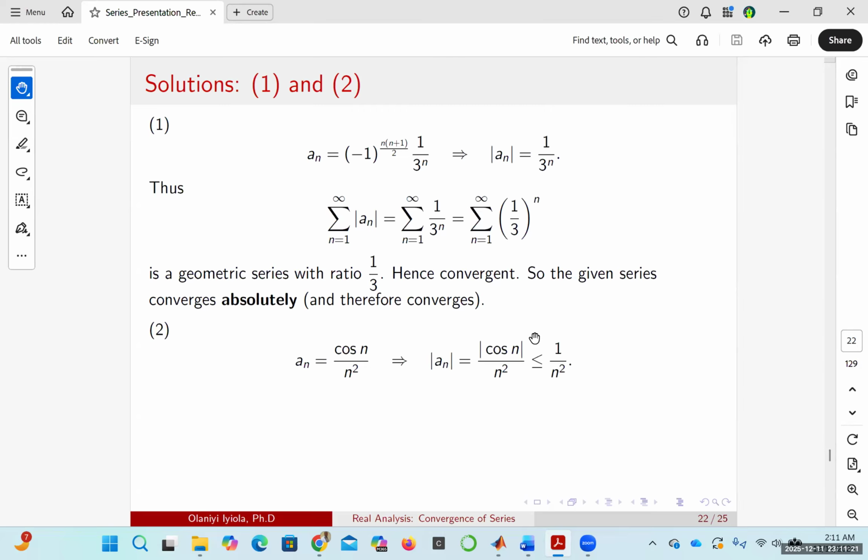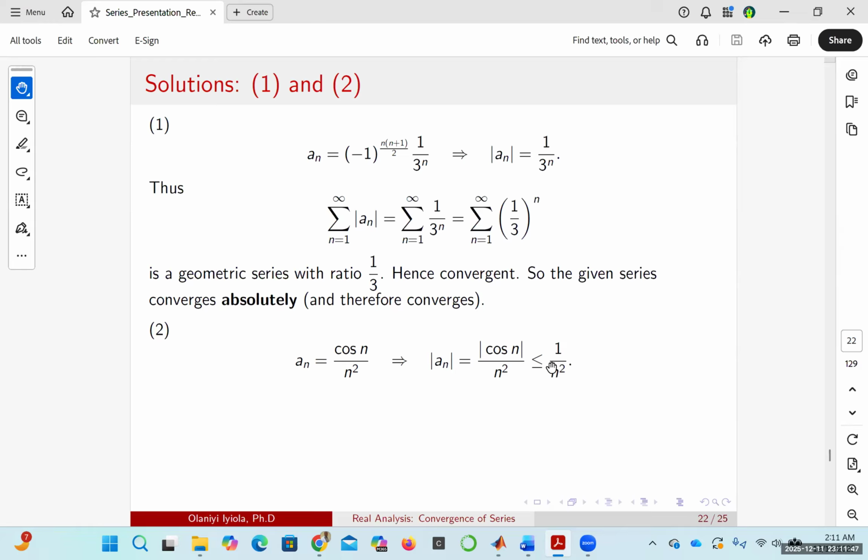The second example is given by the series sum of n equals 1 to infinity of cosine n over n squared. If I take a_n to be the sequence inside the series, and I take the absolute value, clearly the absolute value of cosine n oscillates between 0 and 1, so the absolute value of that is at most 1.